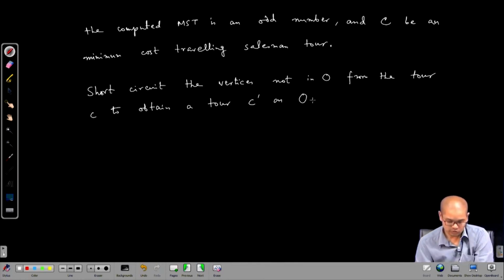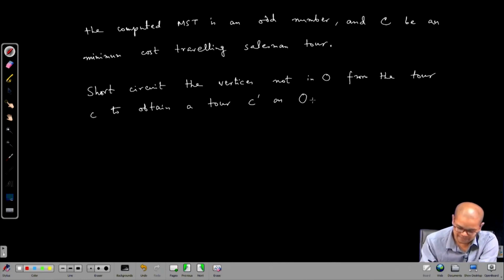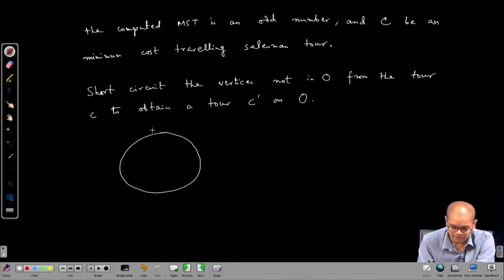So, what is it? Suppose here is C, this is an optimal traveling salesman tour. And where are the odd vertices? Suppose these are the odd vertices, the vertices whose degree is odd, and the others are even vertices, their degrees are even.